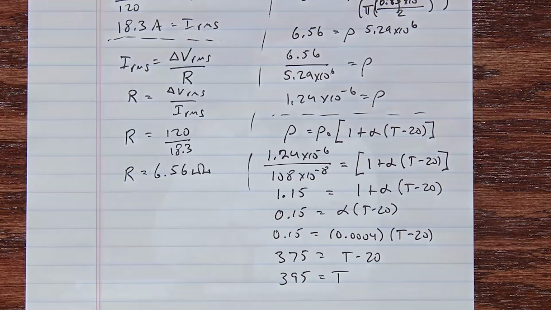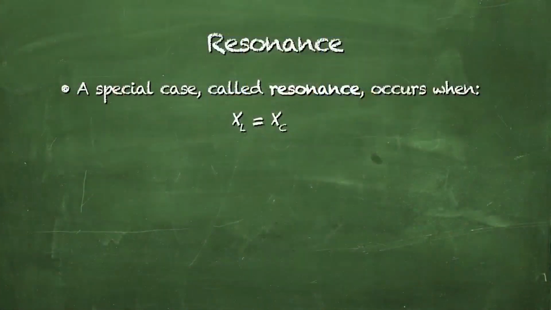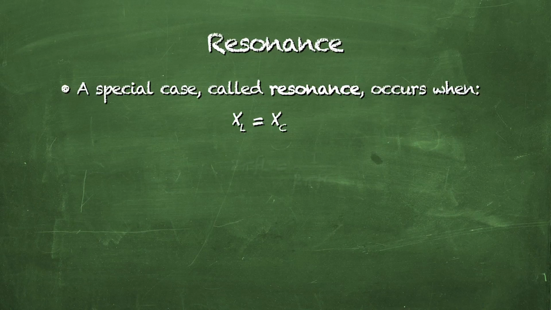The last thing that we have to talk about for alternating current circuits is resonance. Resonance is a special situation where the inductive reactance is equal to the capacitive reactance. The inductive reactance is 2 pi times the frequency times the inductance, and the capacitive reactance is 1 over 2 pi times the frequency times the capacitance.